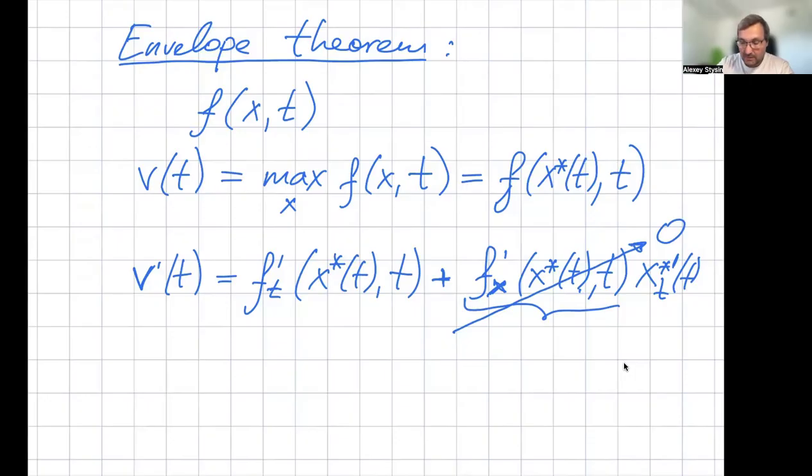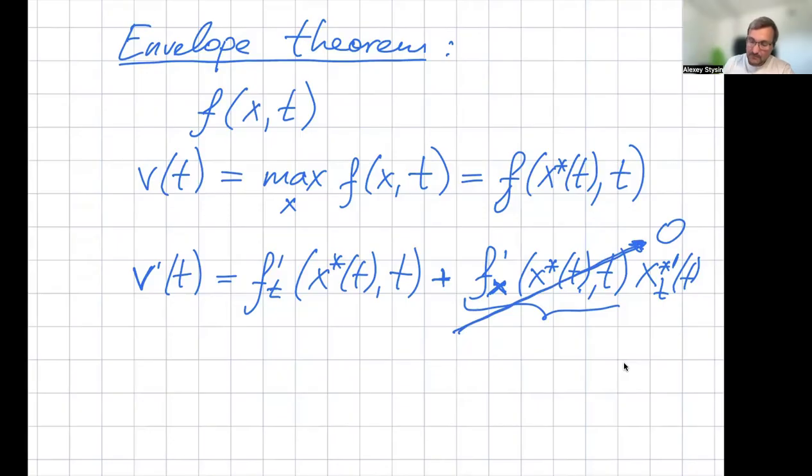But in fact, the envelope theorem says that this works even for non-differentiable functions with respect to x. It could be really an arbitrary optimization, like a choice optimization. So this variable x could actually be a discrete choice, and still this term is going to vanish.